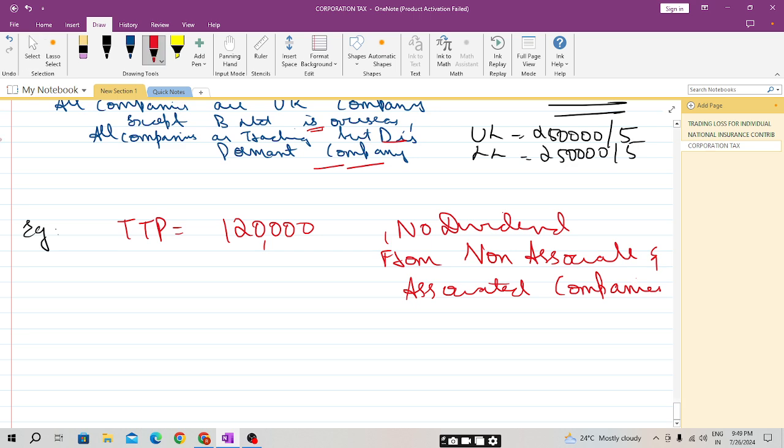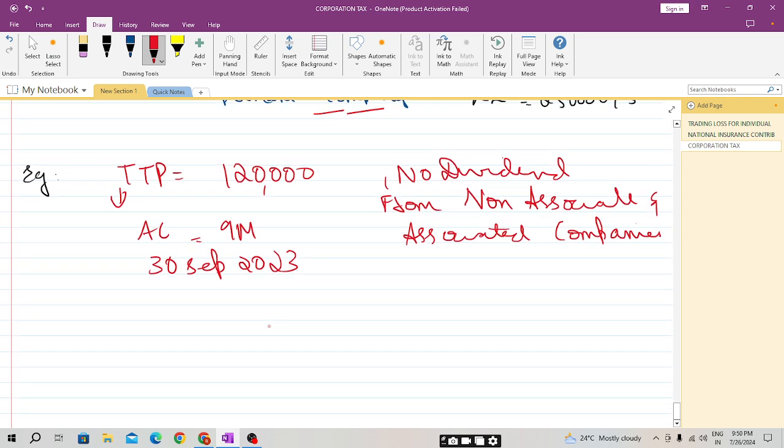But students, the accounting period is 9 months, ending 30th September 2023. So we need to calculate the corporation tax liability.